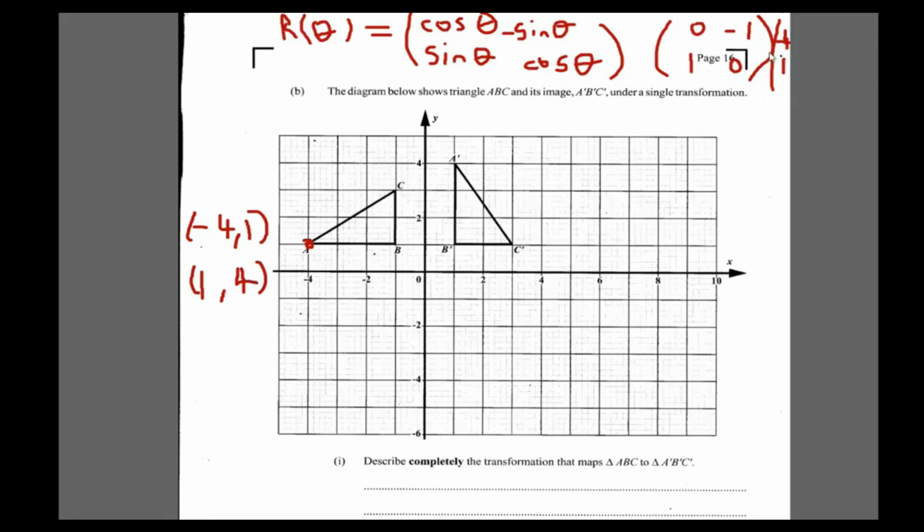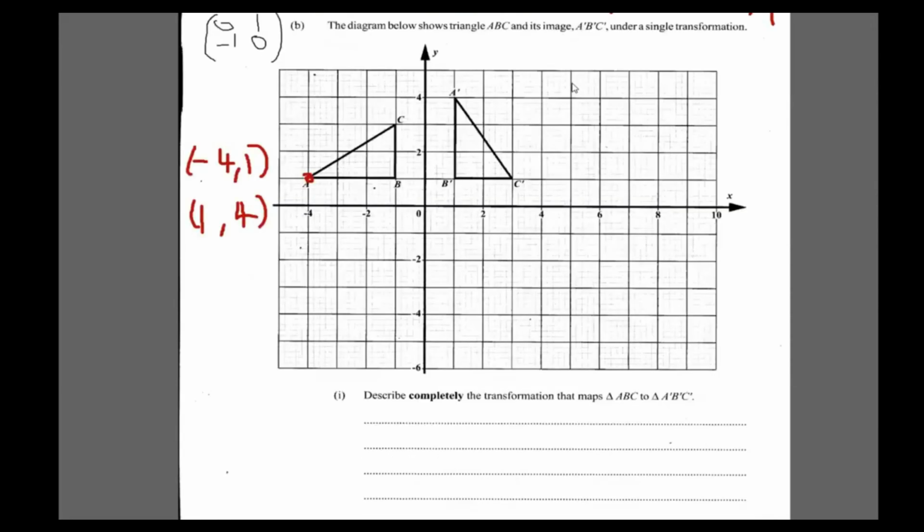So this is not the correct matrix. So it's not a 90-degree clockwise rotation, but a 90-degree anti-clockwise rotation, because the transformation matrix instead will be 0, 1, -1, 0. So it is a 90-degree anti-clockwise rotation about the origin. So let's write that down.